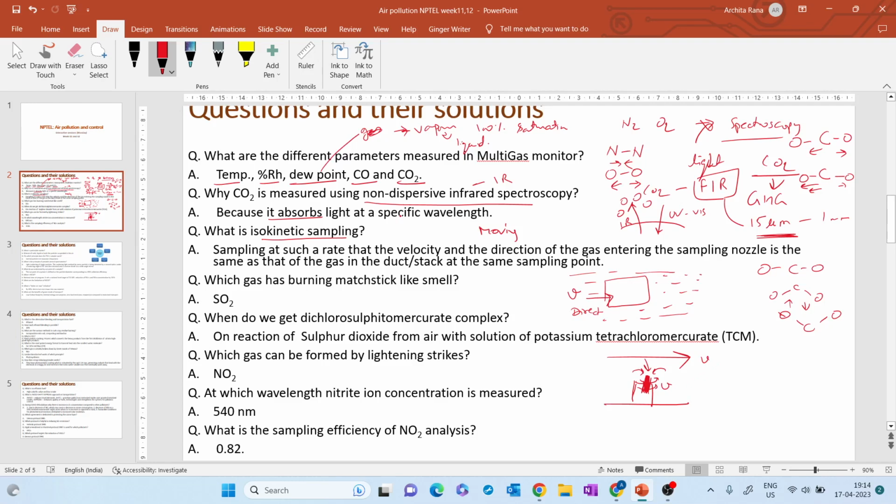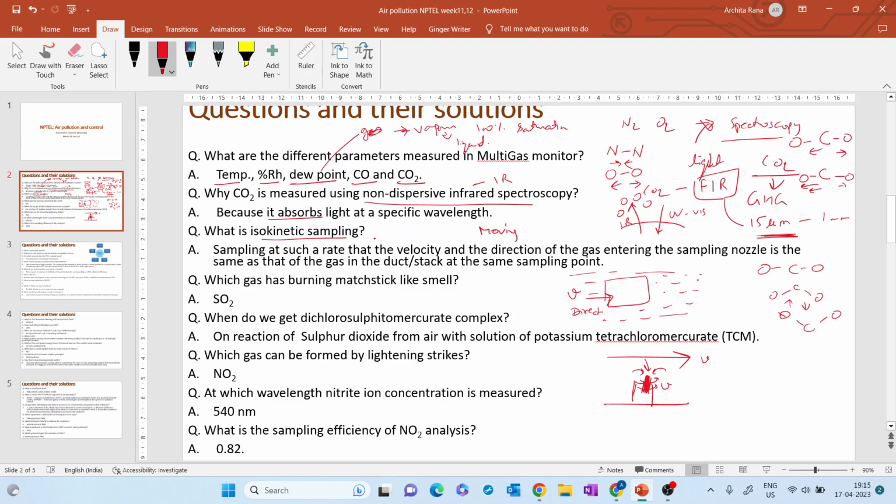That is the principle of isokinetic sampling, because we are saying that the motion of gas outside the sampler and inside the sampler is similar. So the gas is behaving the same way both outside as well as in the analyzer. So that is one thing you should remember.